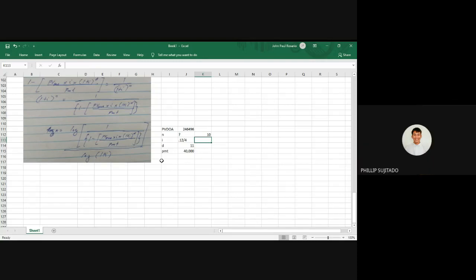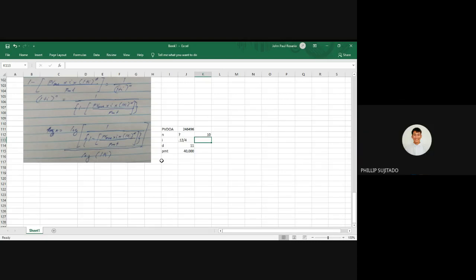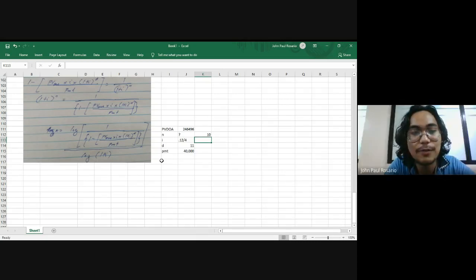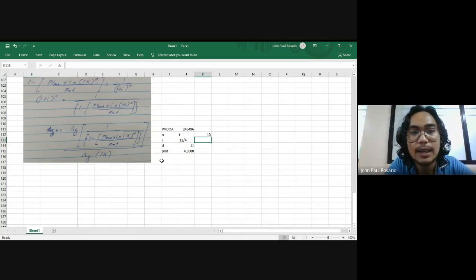Did you get it? For 9.99, it can be 10, right? So for the others, 246496 times 0.12 over 4, and then times 1 plus 0.12 over 4 raised to the power of 11.